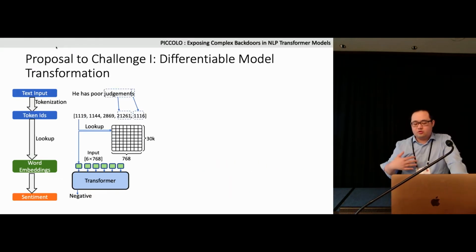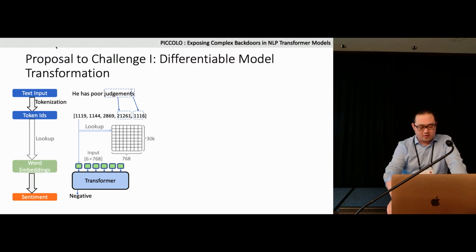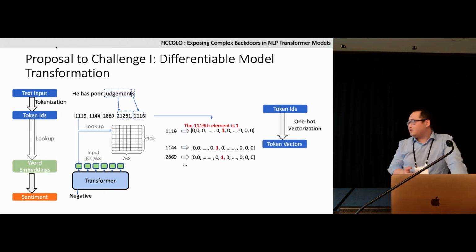To solve the first challenge, we propose a differentiable model transformation. It essentially transforms this non-differentiable table lookup into an equivalent differentiable matrix multiplication. Given a list of token IDs, we first transform them into a list of one-hot vectors, which we call token vectors. For token ID n, the nth element of the one-hot vector is 1, and all other elements are 0.